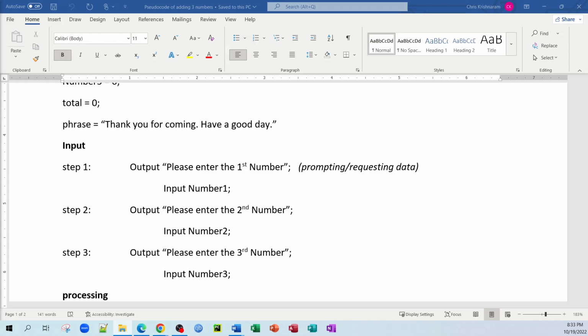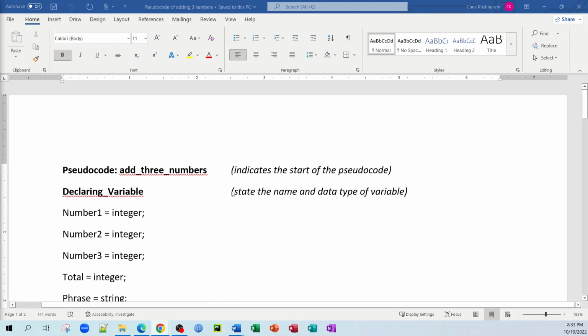Alright, so that document there is what we are looking at currently, that is sent in the group. It's basically a guide that I created as to how to design a pseudocode. So, as we said already, the first part of your pseudocode is going to be your title. So, pseudocode, add 3 numbers. So this is a pseudocode.